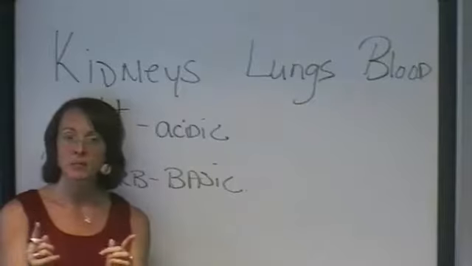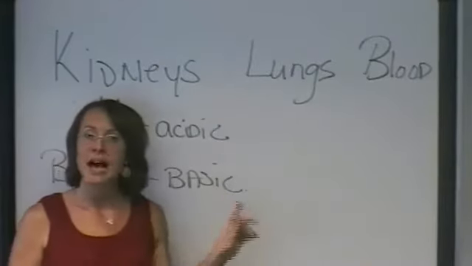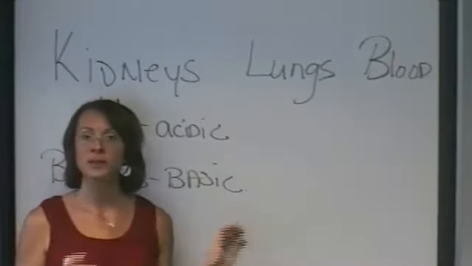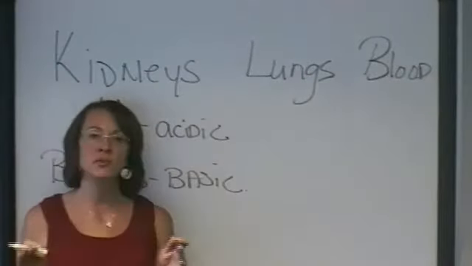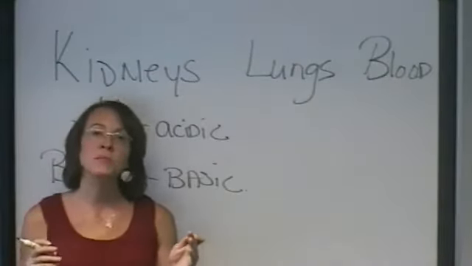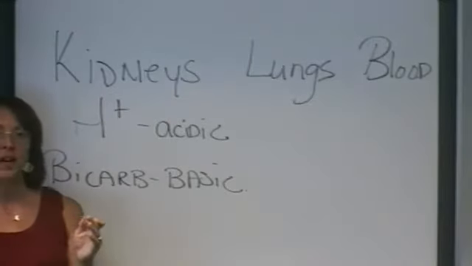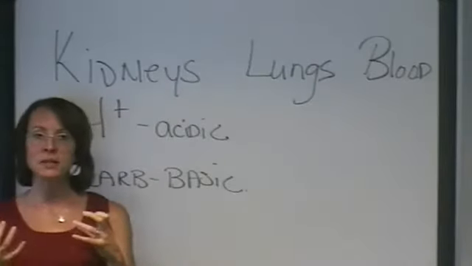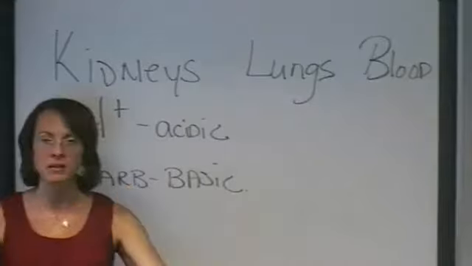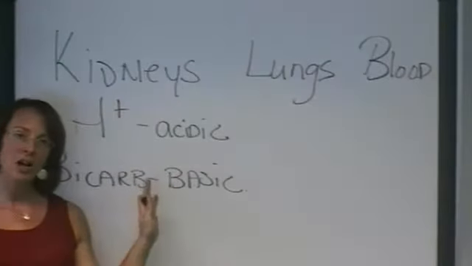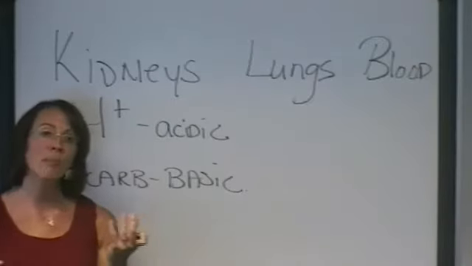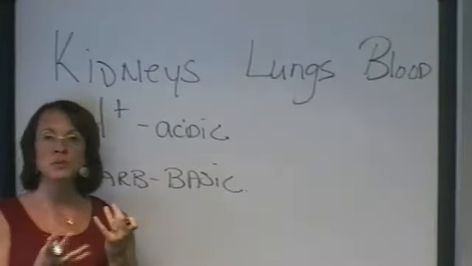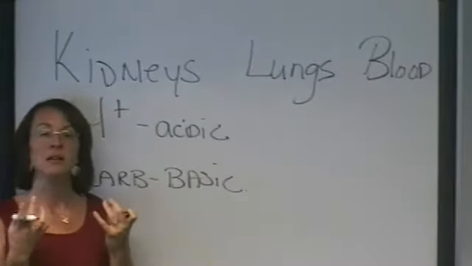So one more time, the kidneys help with buffering our system as a whole to maintain that pH of 7.35 to 7.45. If our body is becoming too acidic, we need to get rid of some of that acidity. The hydrogen ions will be dumped into the urine. We will retain bicarbonate to help absorb some of that acidity.